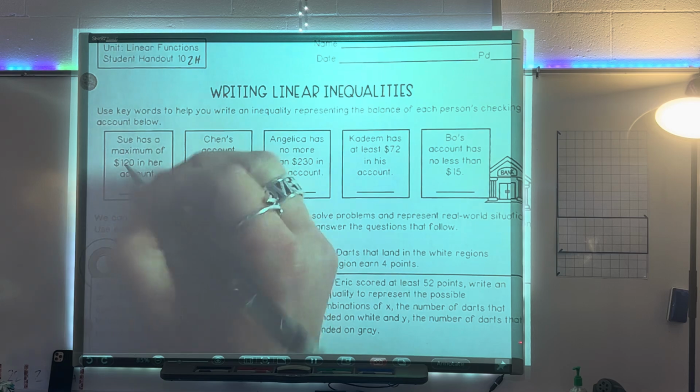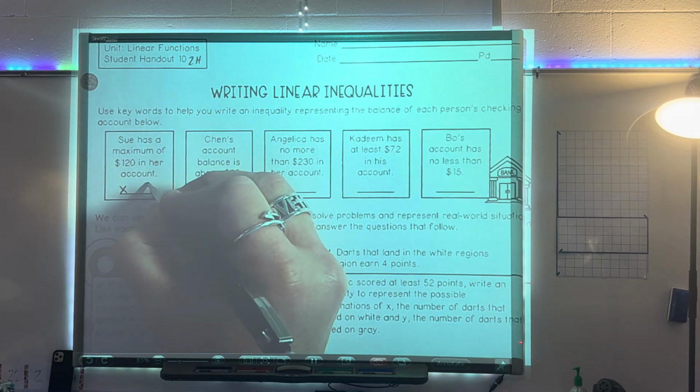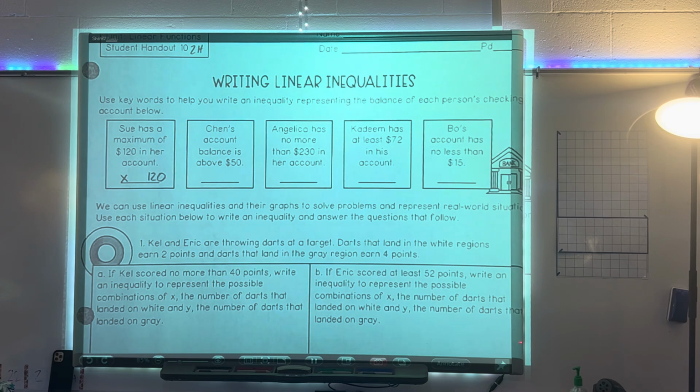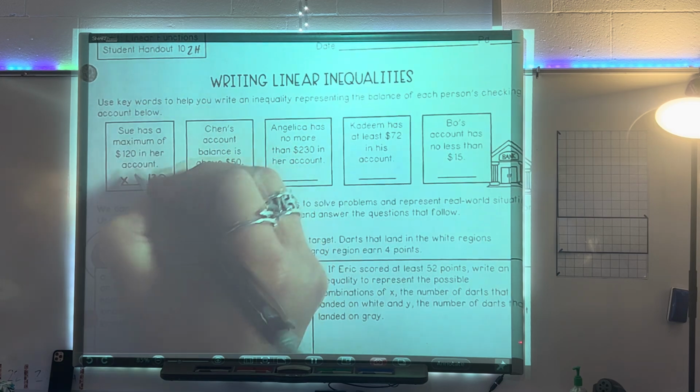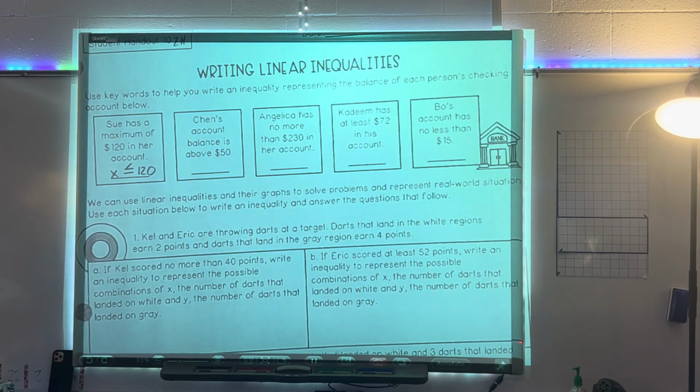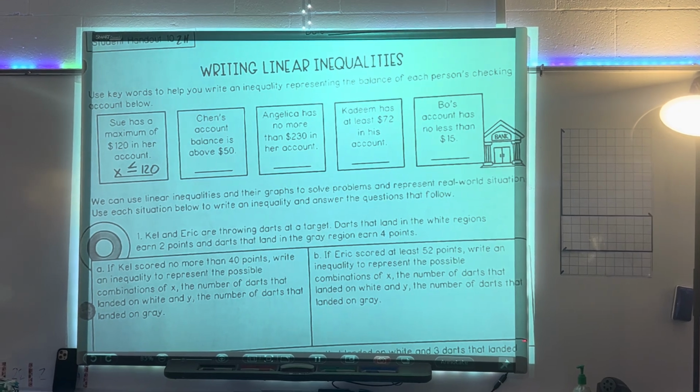So if I use X and I have $120 and it says she has a maximum, what inequality would go in there? X is what in relationship to 120? Less than or equal to, because the max is 120, right? So I can have less than 120, or I can have exactly 120, but I can't have more than that.